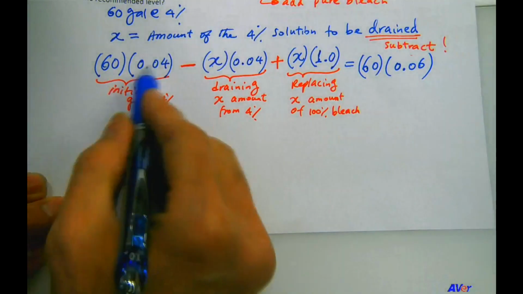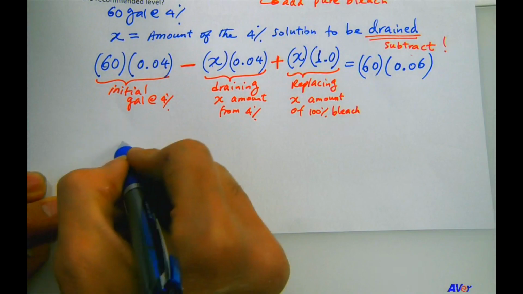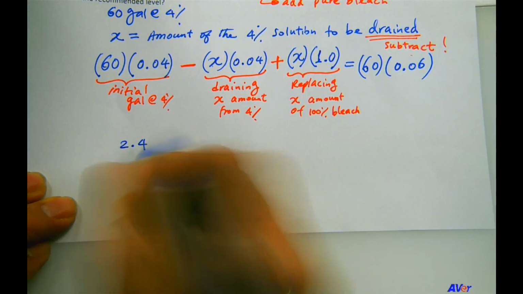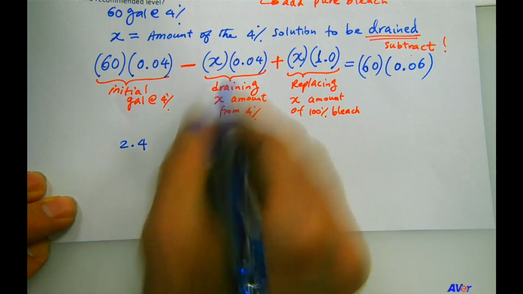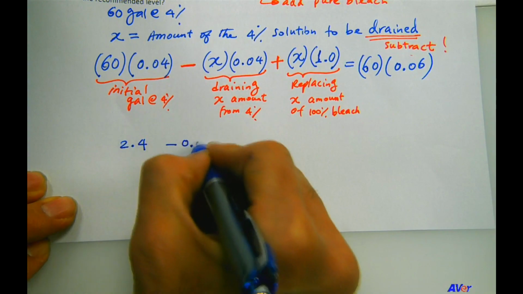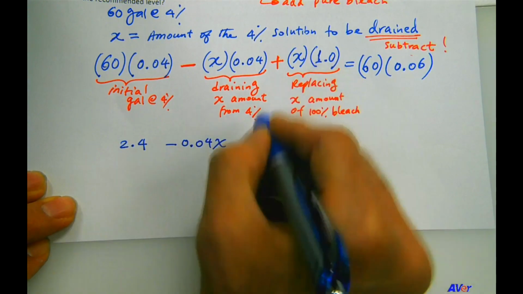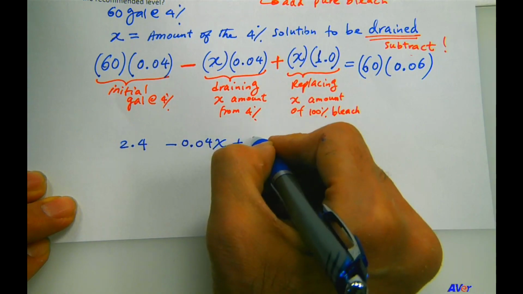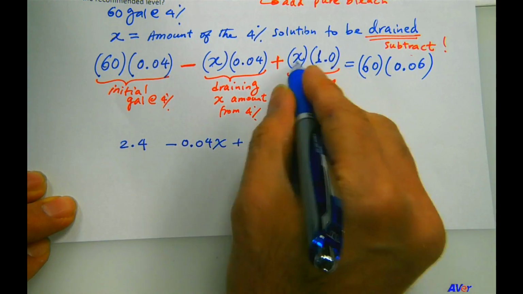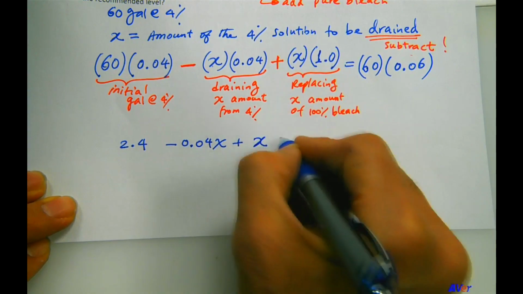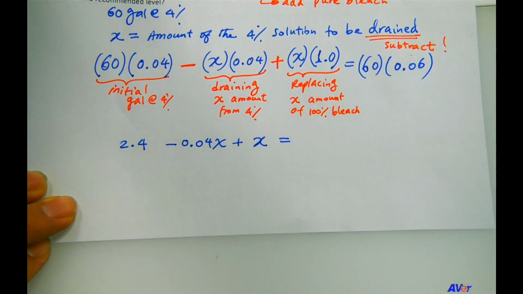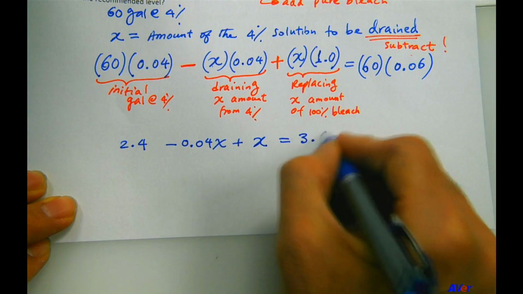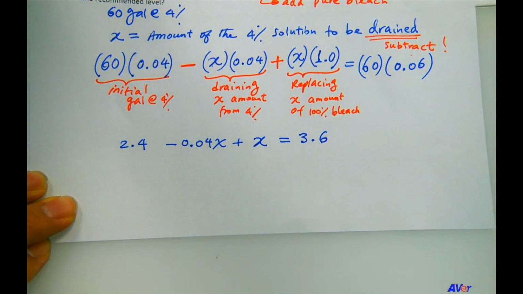So this is 60 times 0.04. This is 2.4. Then minus 0.04x and plus x. That's just 1.0 times x, which is just x. Equals 60 times 0.06, which is 3.6, right?